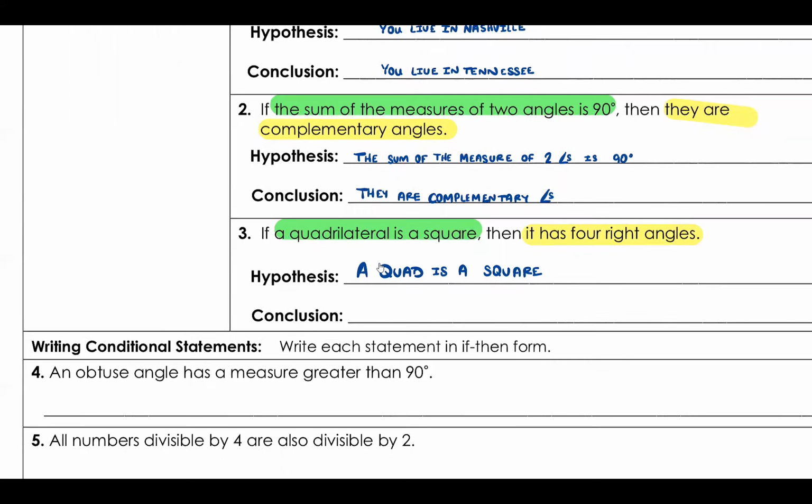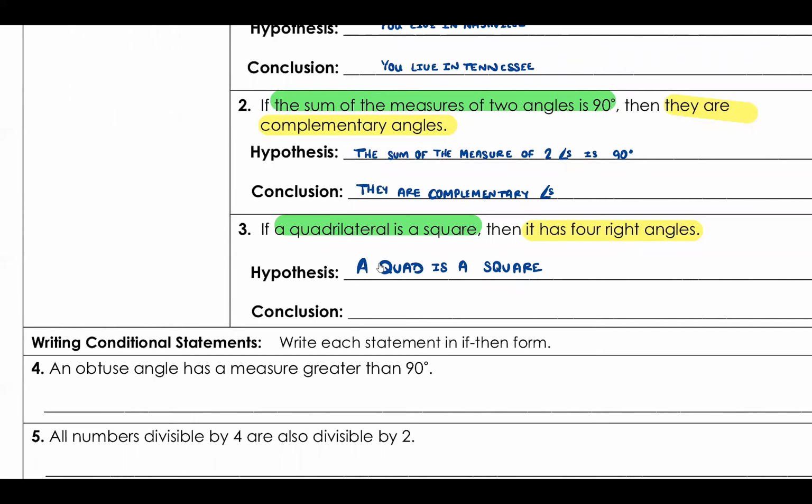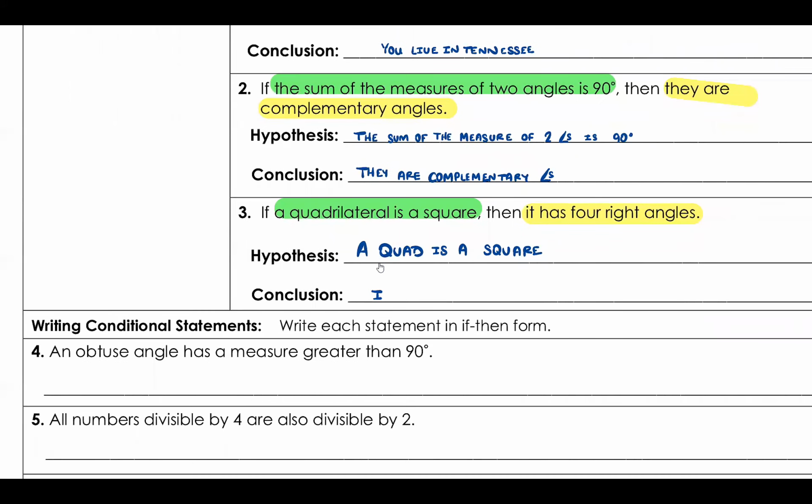And as we go through geometry, you are going to learn this when we start talking about special quadrilaterals. What's a right angle? It measures 90 degrees.